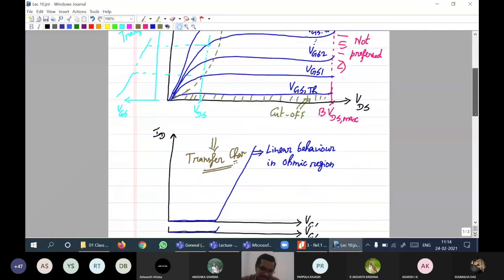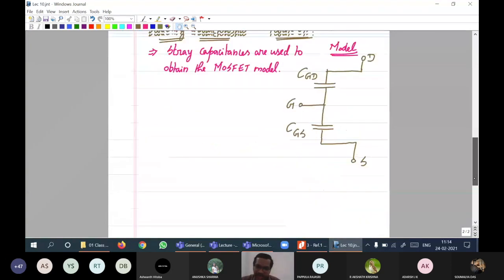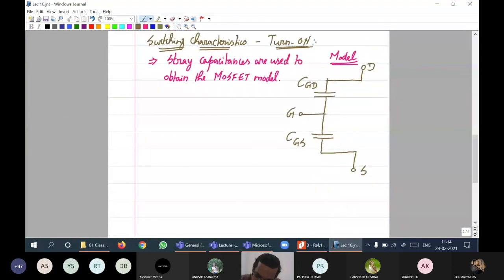Hence, once the MOSFET enters the ohmic region, this can simply be modeled as a resistance RDS on with the current being denoted as ID. That's all. This is ID. And then the resistance is going to be RDS on. This is the model of a MOSFET.